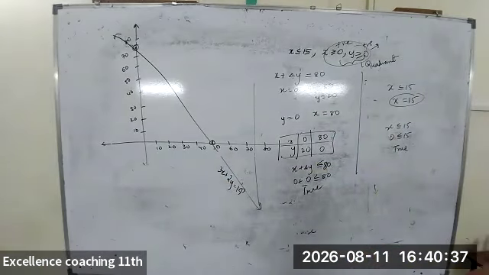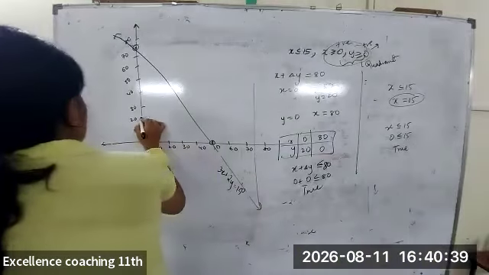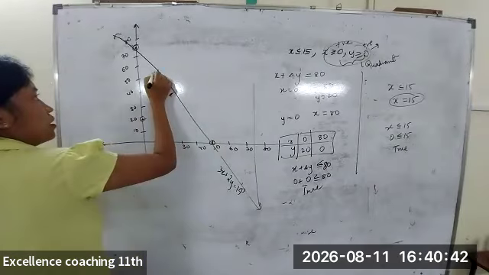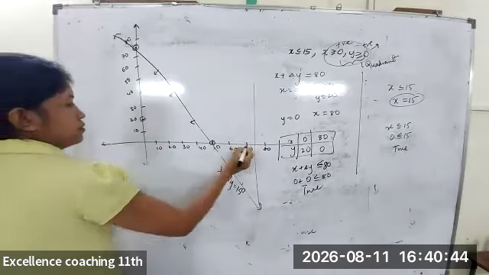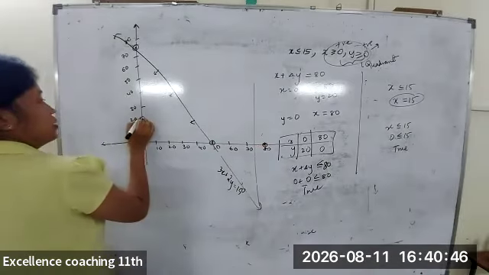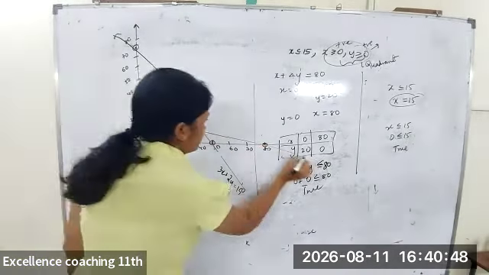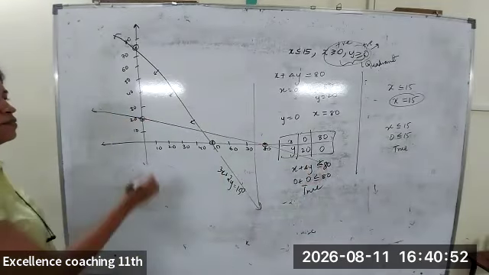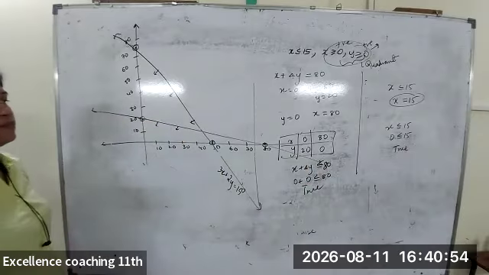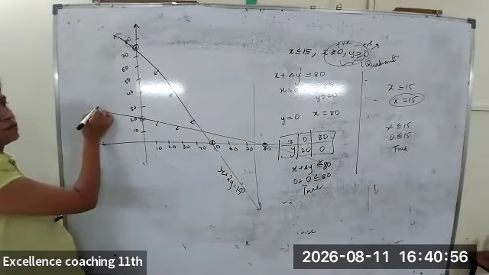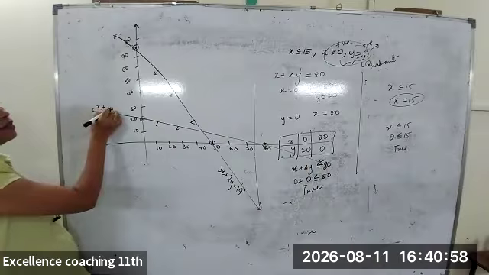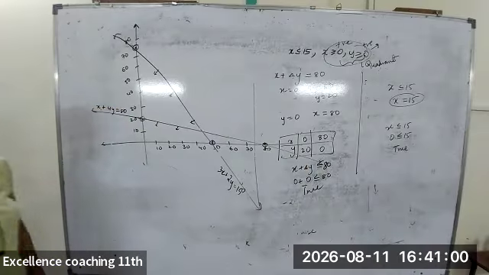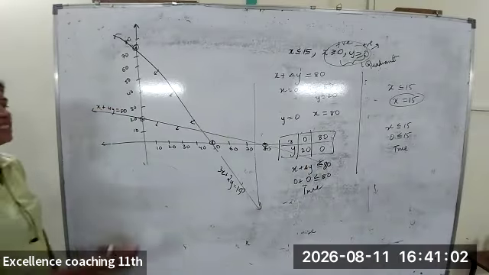Zero comma 20. And the third line is less than 15.